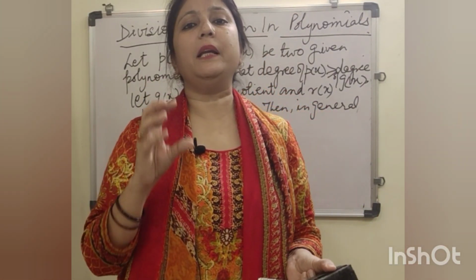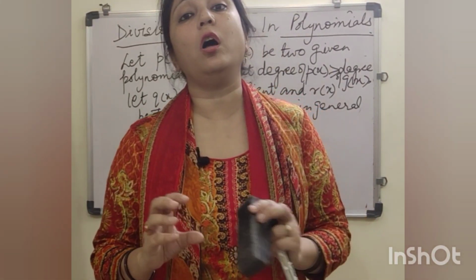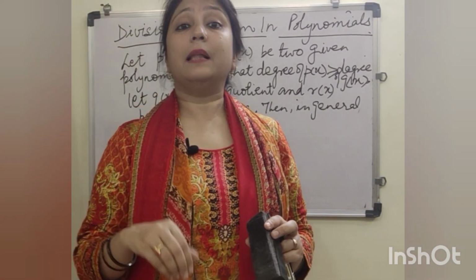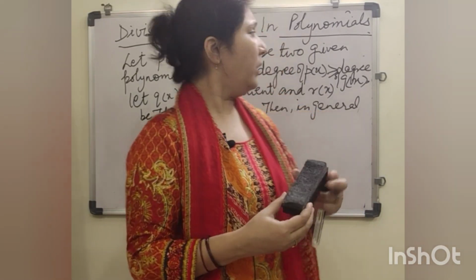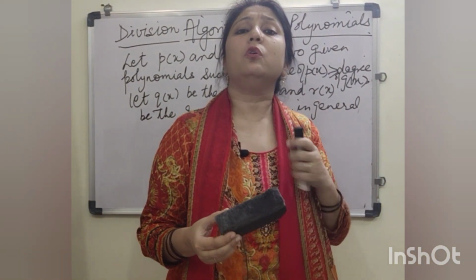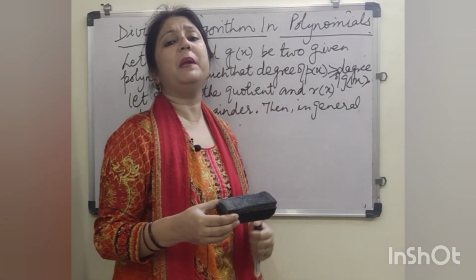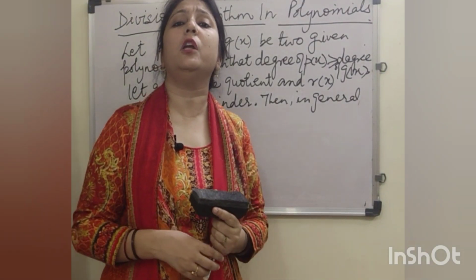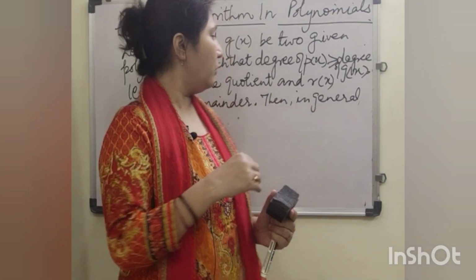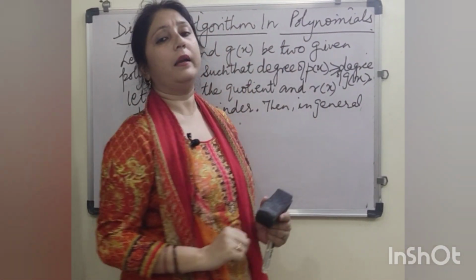If it was equal, you got remainder 0, or if it was greater than the divisor, in that case you got a remainder. So here we have taken degree because we are doing it in algebra. So in what way should it be differentiated? So we have said degree of p(x) greater than or equal to degree of g(x). And when we divide, our quotient comes q(x) and the remainder is r(x).